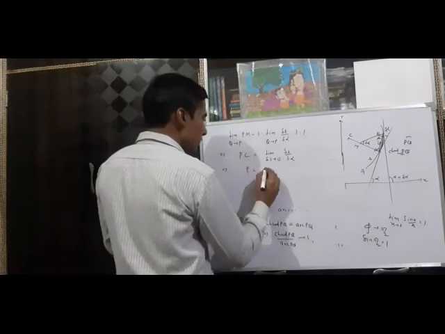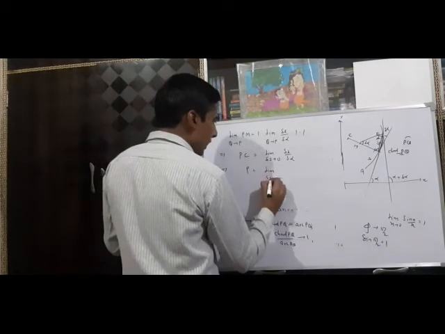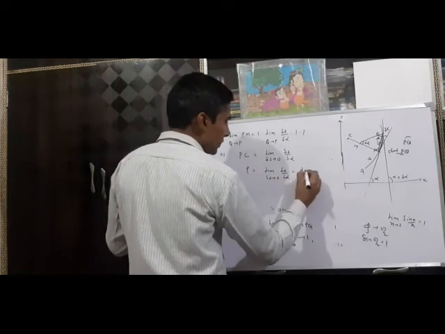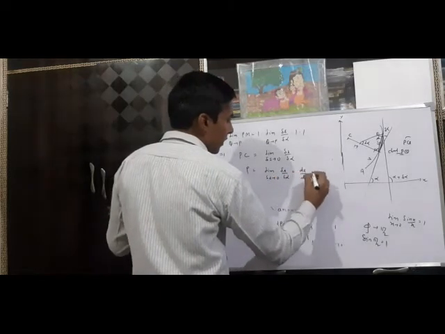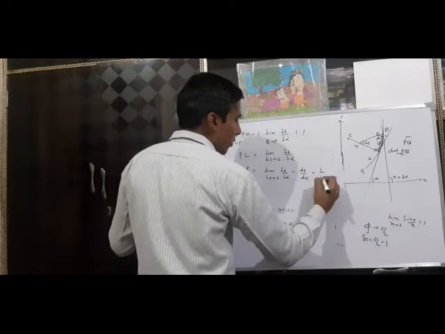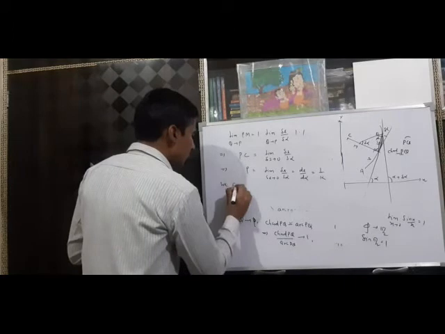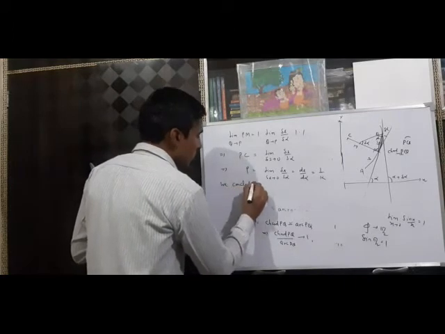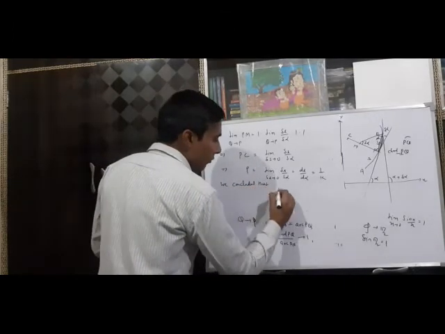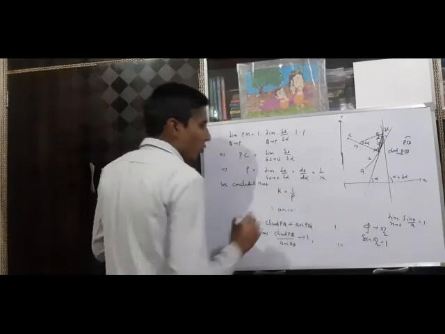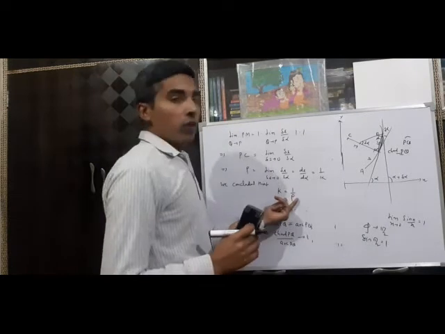So rho is limit del S tends to 0 del S by del alpha, that means ds by d alpha, and this is 1 upon kappa. Kappa is the curvature. So we concluded that curvature is equal to 1 upon rho. This is the radius of curvature.